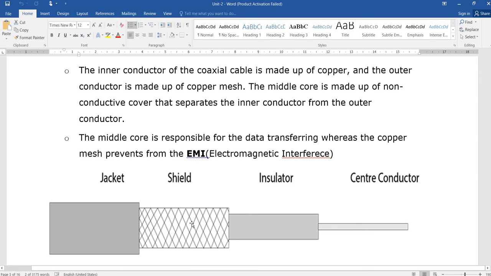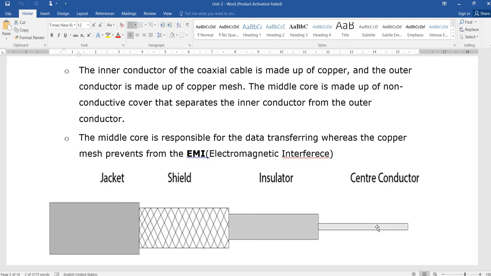So between the inner and outer we need separators, insulators. The inner copper connection is responsible for data transmission, and the copper mesh prevents EMI. In this copper connection we transmit the real data, the real information, and outside of this we have the copper mesh, which is protected from EMI, electromagnetic interference.